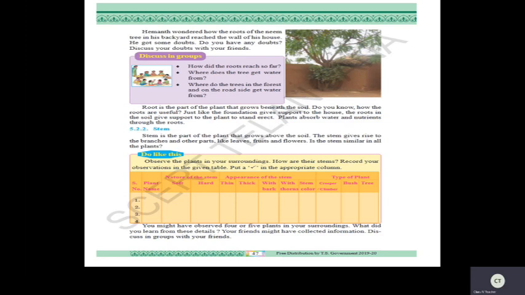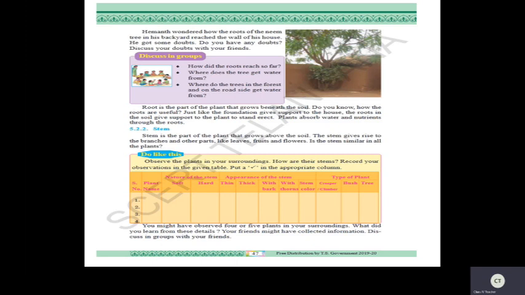Slowly they will spread their secondary roots and also rootlets. In search of water, they will grow under the ground into the soil. So they'll slowly reach different kinds of places in search of water.